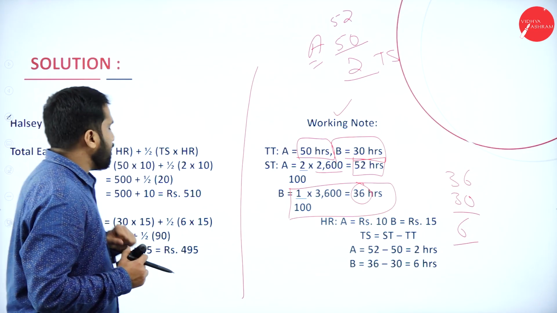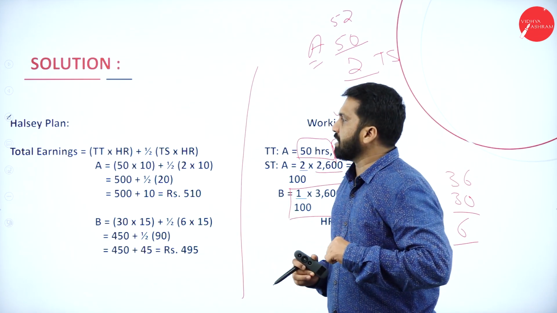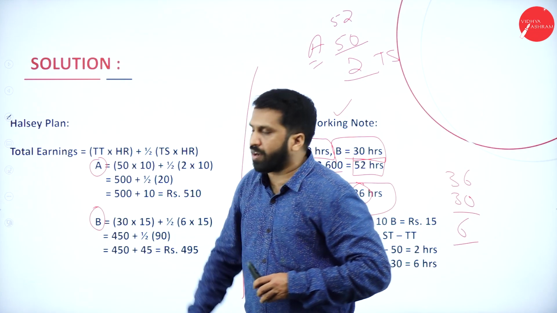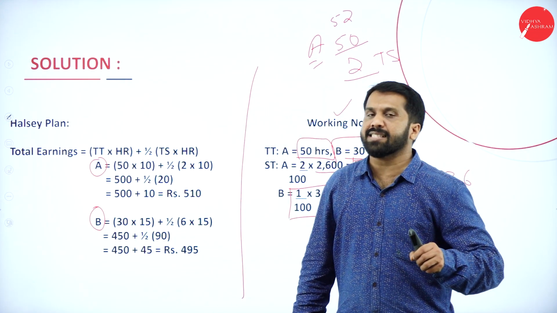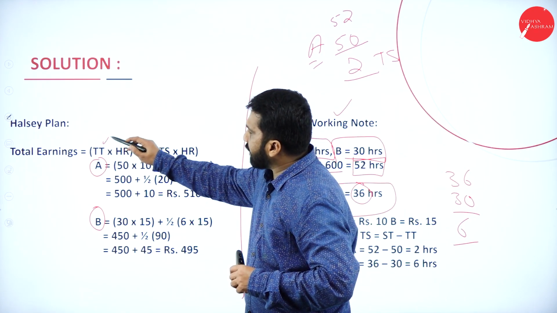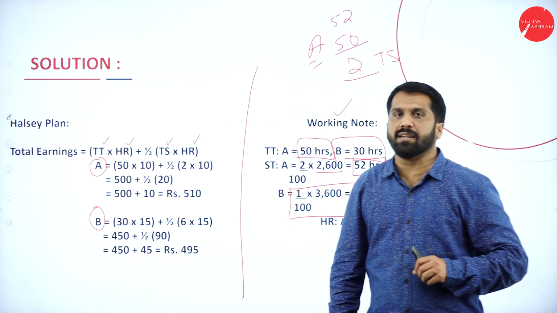Now, as per this problem, what is the formula for the Halsey plan? We have only 2 workers. The first person is A and the second person is B. As per A, it is time taken into hourly rate, plus time saved into hourly rate.